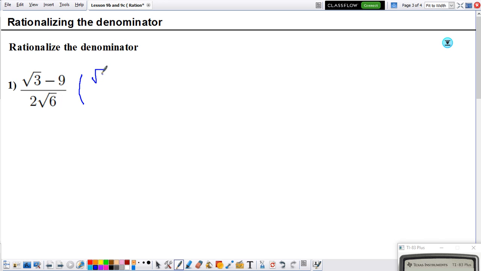So what you're going to do is multiply square root of 6 top and bottom. So now that we have this, let's actually perform the multiplication. So now we're going to have square root of 3 times 6. And you know that when you multiply square roots, you just multiply the insides. So 6 times 3, that's 18. So we're going to have square root of 18.